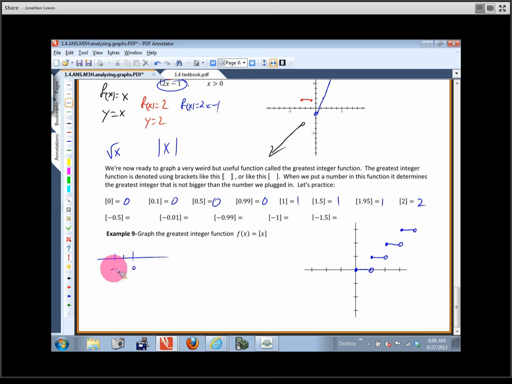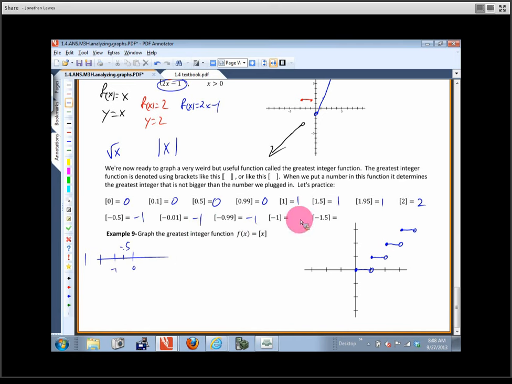This is 0 and this is negative 1. So negative 0.5 is right here. All of the integers that are less than that are on the left side. So the greatest integer for negative 0.5 is negative 1. The greatest integer for negative 0.01 is negative 1. The greatest integer for negative 0.99 is negative 1.